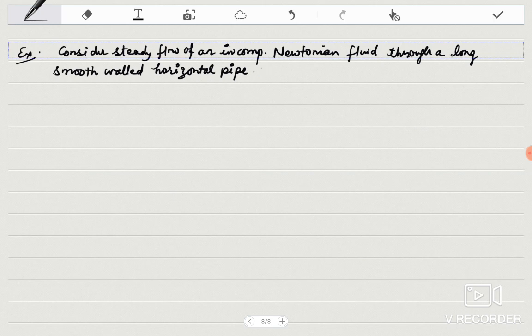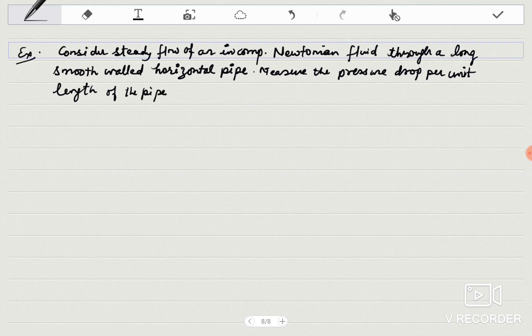Measure the pressure drop per unit length of the pipe and find the non-dimensional parameters involved.